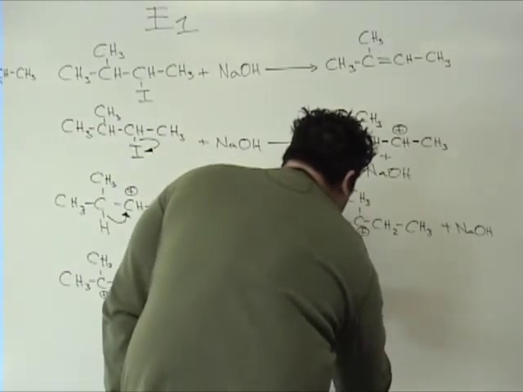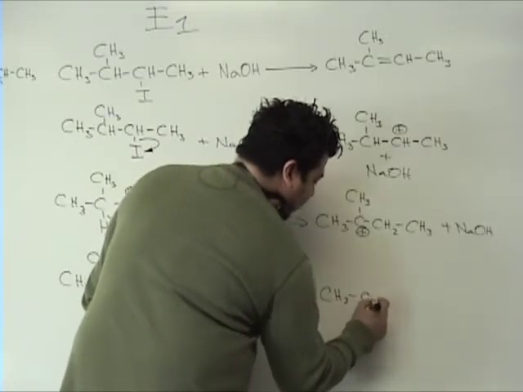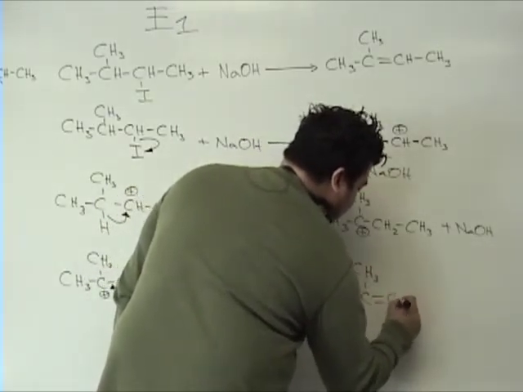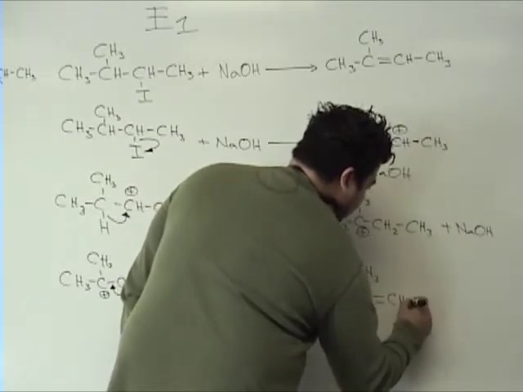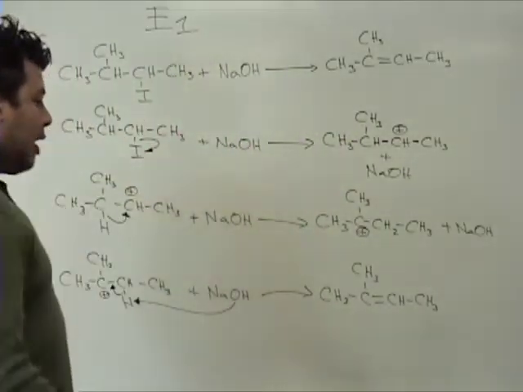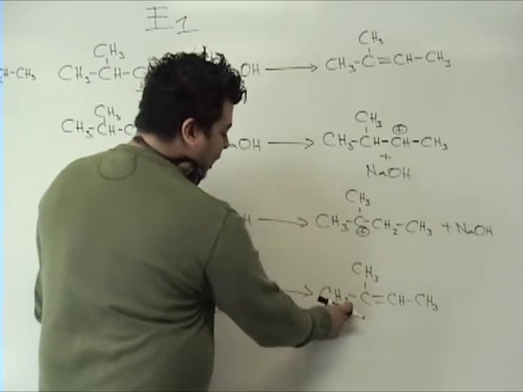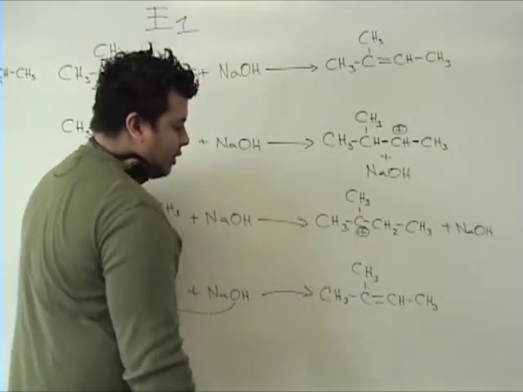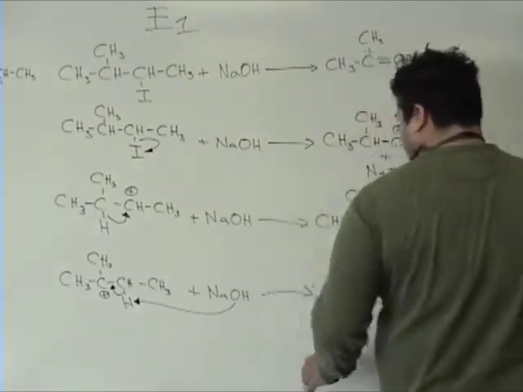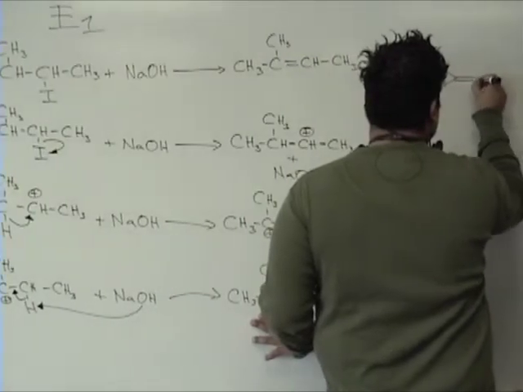So what we get is a CH3 here, we get our C here, CH3 up here, then we get the double bond, CH and CH3. Now, again, another valid question would be, why doesn't it take one of these hydrogens? So if we draw the product, this one right here will look something like this.